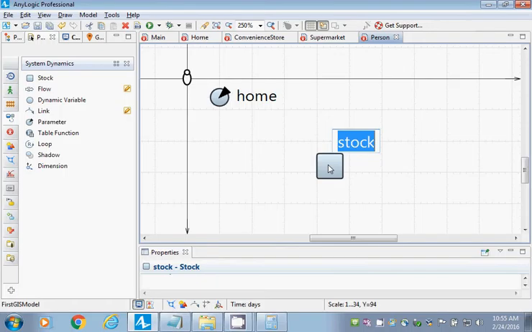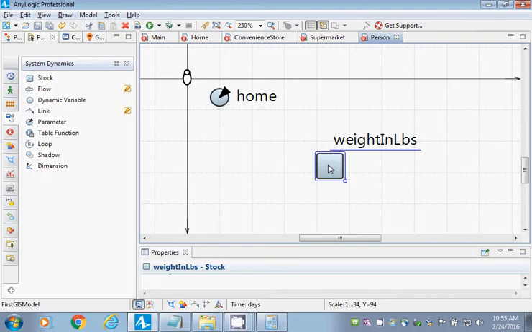And that's going to be called weight, okay, weight in pounds, since we're in the States. Okay, weight in pounds, okay?